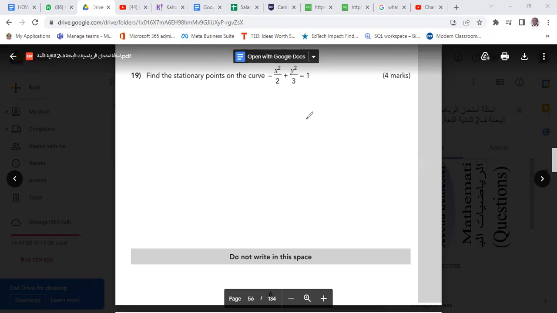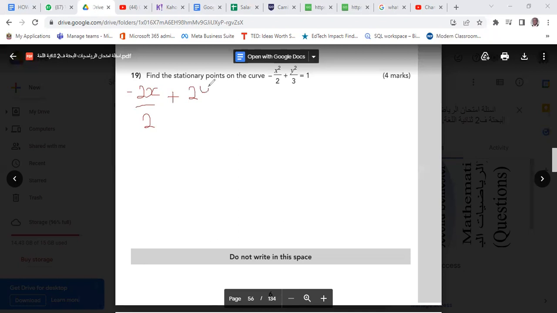I have minus x power 2 over 2. If I differentiate that, it will give me minus 2x over 2. I hope you can see that. Just differentiate that x there. Plus, now this is an implicit function.